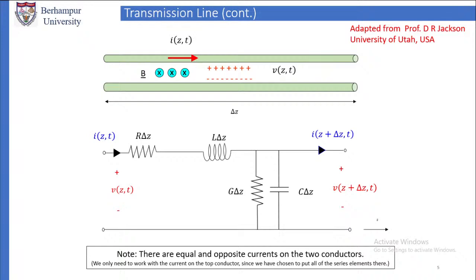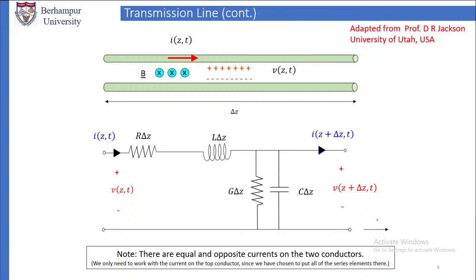That means V is voltage that is varying with time. It is a time varying voltage because we are considering a sinusoidal signal or any other signal which is not DC, that is AC. Therefore, V is a function of time as well as a function of Z. Z is the distance or the position. So voltage is a function of position and time on the transmission line.